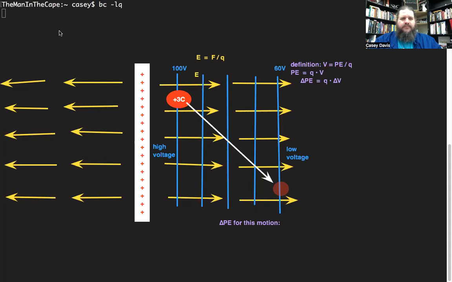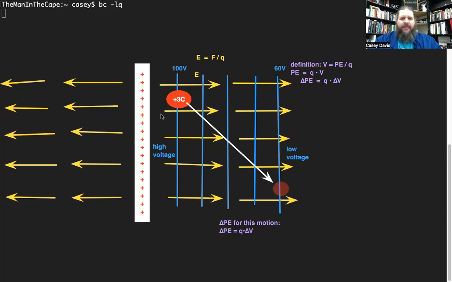So we need to find the delta V that is changing, moving from position 1 to position 2. What do we know about the starting voltage and the ending voltage? The delta V is not the final value by itself, but the final voltage minus the initial voltage. So final voltage is lower than the initial voltage. And lower by how much?